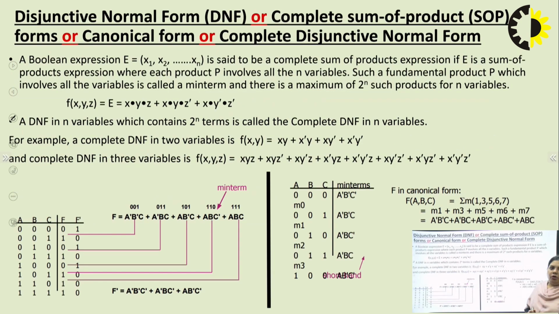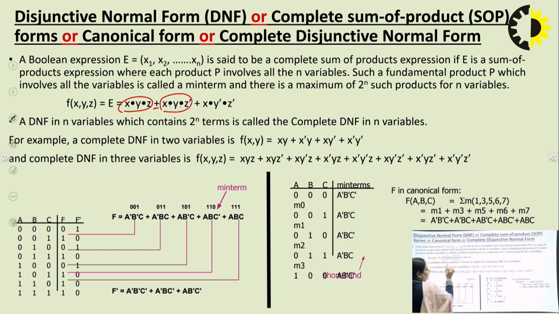Now disjunctive normal form, or we can say complete sum of products, canonical form, complete disjunctive normal form. These are all one thing only. So what is disjunctive normal form, or canonical form? Here these are the sum of products. See here, this is the product.